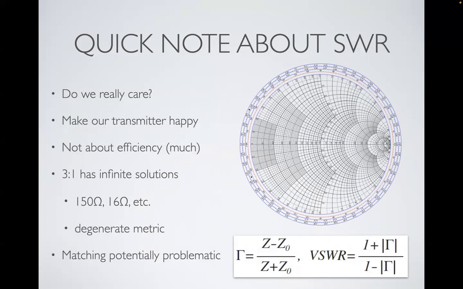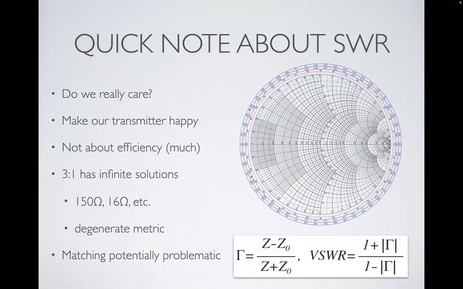The coax efficiency generally doesn't matter that much at HF. If you actually run the loss calculations, you'll see it's not that bad, even with pretty high SWR. It's usually a dB or two. That may be very important. Again, it depends on what you're after. But the thing about SWR is that it doesn't tell you everything. I call it a degenerate metric.